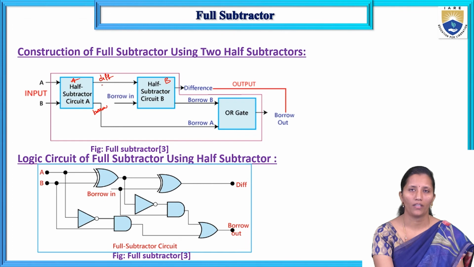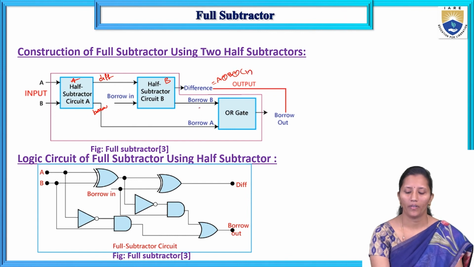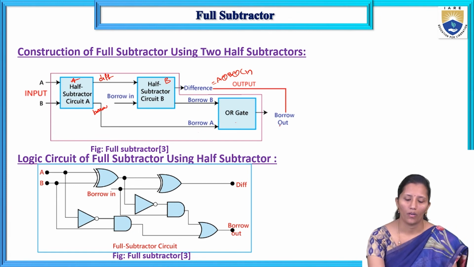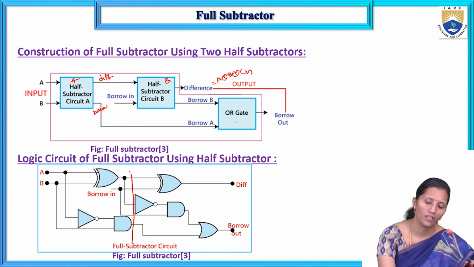The first subtractor's difference is given as input to the next subtractor, and the borrow is given to the OR gate. The second half subtractor has inputs borrow in and the difference of the first half subtractor, and we are going to get A XOR B XOR B in. The borrows of the second and first subtractors are given to the OR gate, and here we are going to get the borrow output.